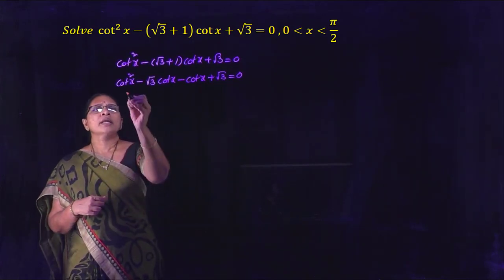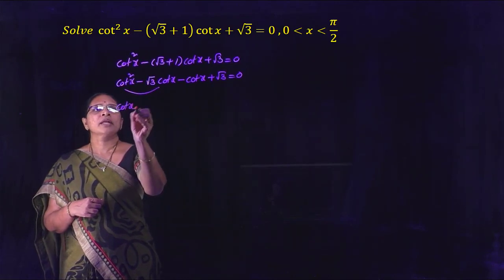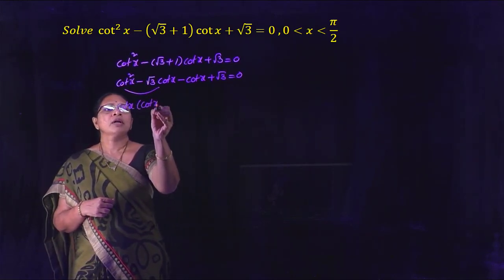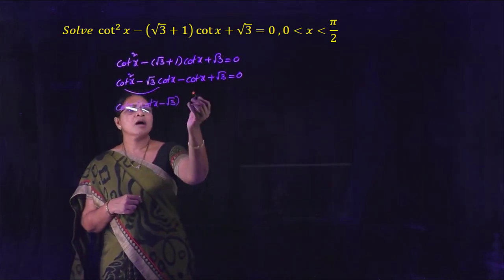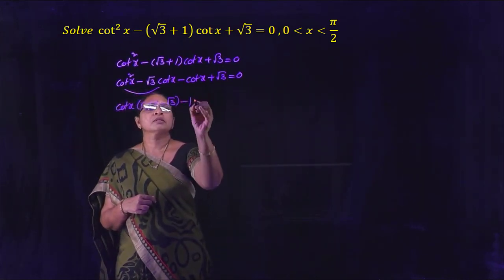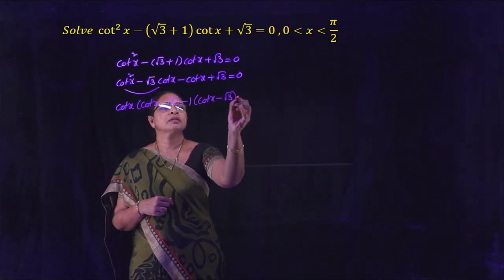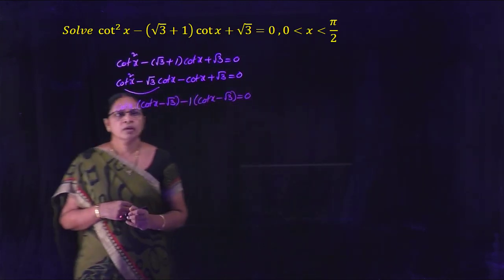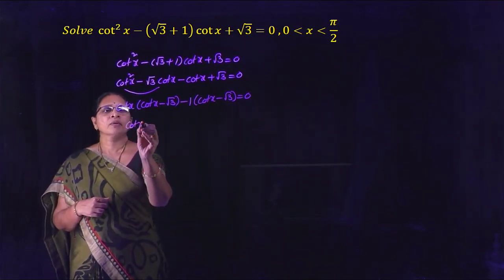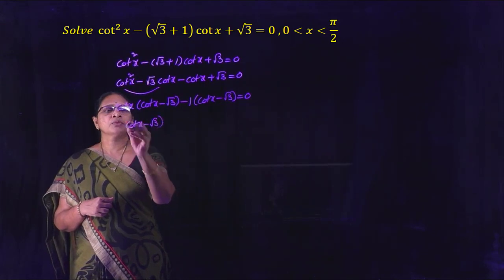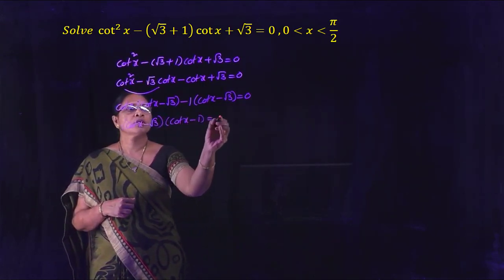Here cot x is common from the first two terms: cot x into cot x minus root 3. Minus 1 common from the last two terms: minus 1 into cot x minus root 3 is equal to 0. Here cot x minus root 3 is common: cot x minus root 3 into cot x minus 1 equal to 0.